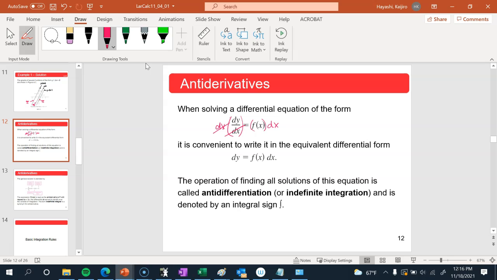So once you do that, let's say that we have this dy equals little f of x dx, and you throw this little symbol on both sides. Do this thing to both sides.